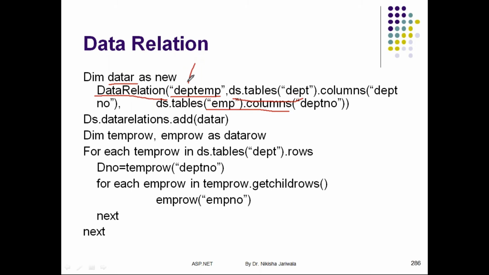The first parameter is the name of the data relation. As I want to use the DEPT and EMP tables, I have given the name of the data relation as DEPT EMP. Over here, you can give any name. I can also simply write D, E, or A. It is just a name of the data relation.